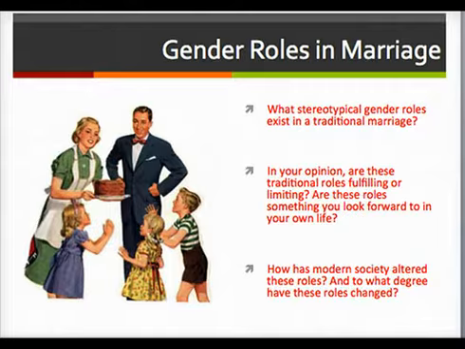On the surface, you do have your main characters, Nora and Torvald Helmer, both of which seem very happy, and they've been married for, I think, 8 years at this point. They have a very traditional type of marriage, at least on the surface.